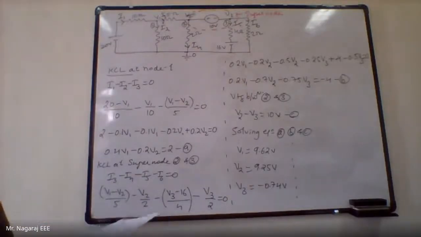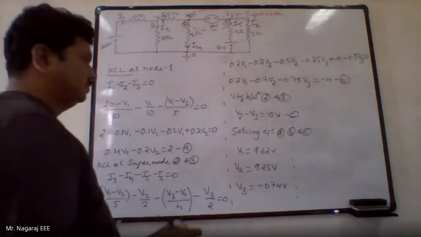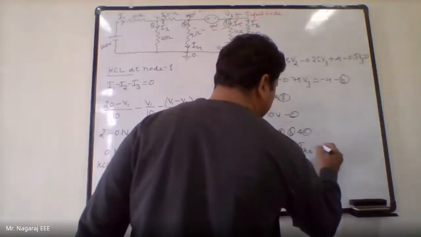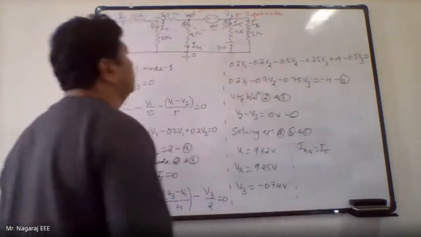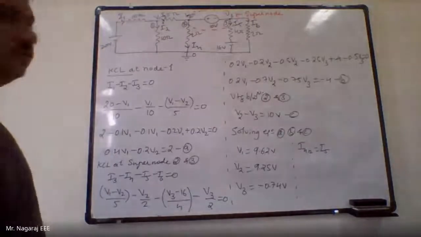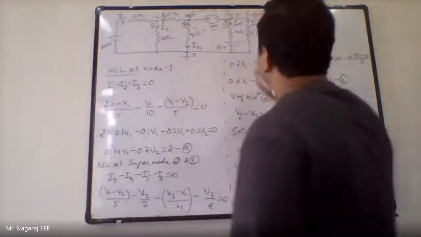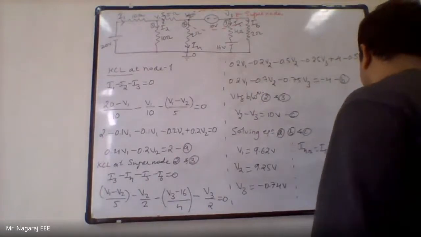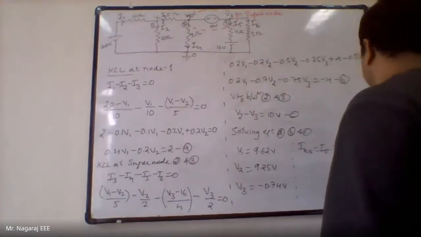Next, I have to find the current through the 4 ohms. The current through 4 ohms is nothing but my I5. What I have taken as I5 is V3 minus 16 divided by 4.